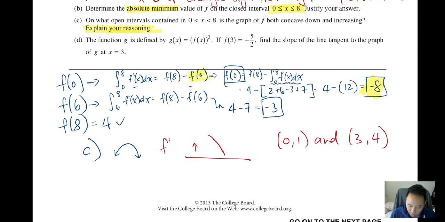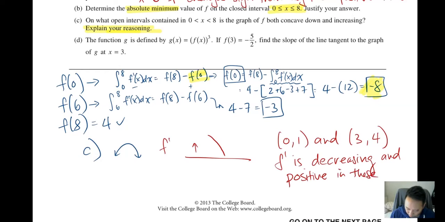So the explanation here is I would say f prime is decreasing, right? It's going down, but positive, above the x-axis, in these intervals. That would be my explanation.